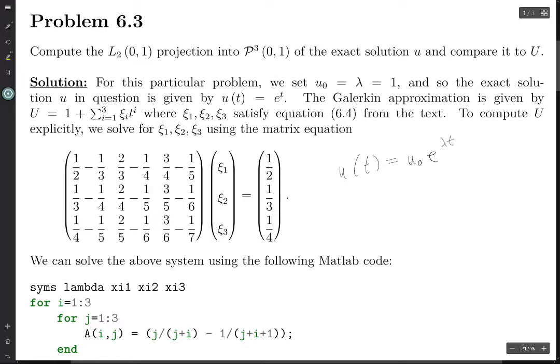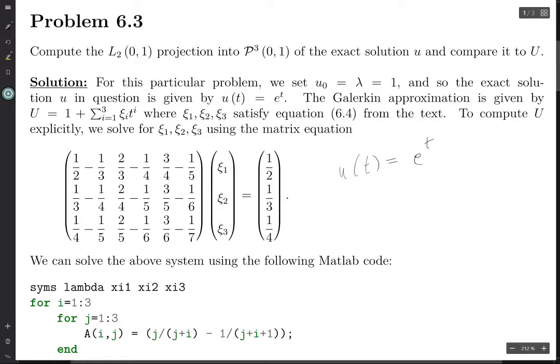We want to find the L2 projection of this solution. If u0 is 1 and lambda is 1, then it's just u(t) equals e to the t. So we want to take this function and project it into P3 and compare it to our Galerkin approximation.